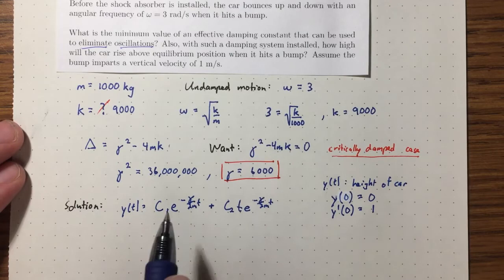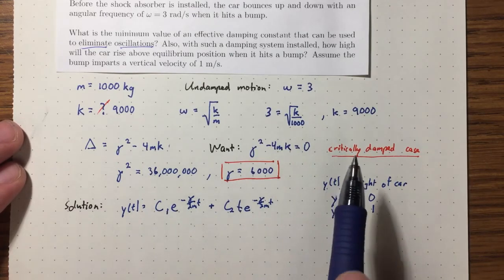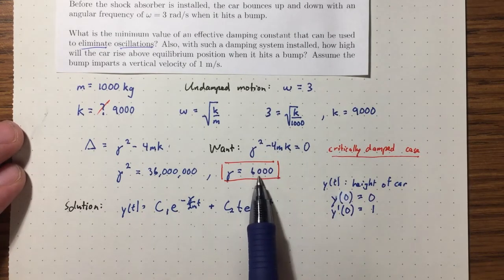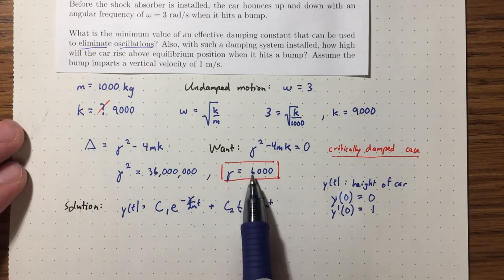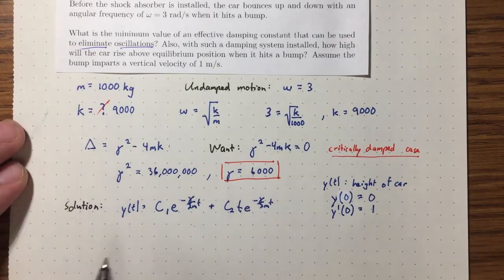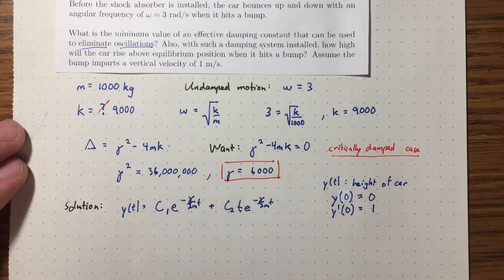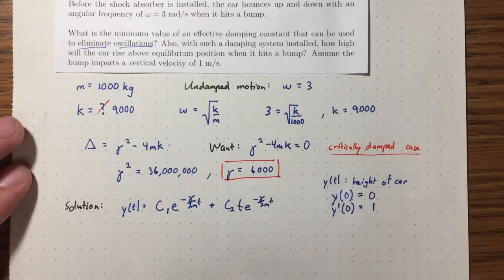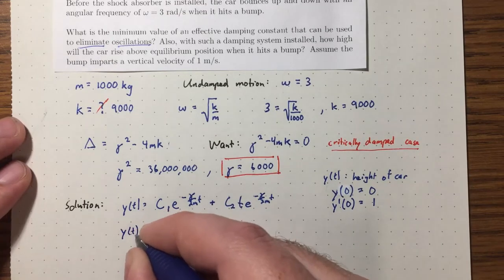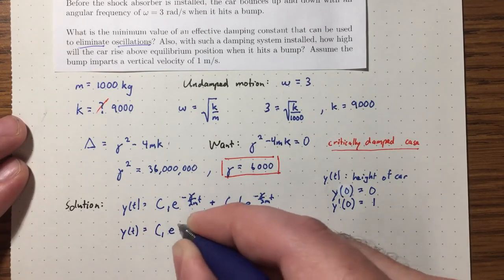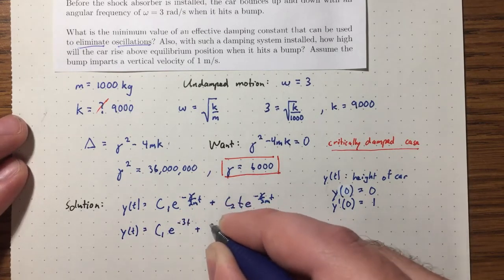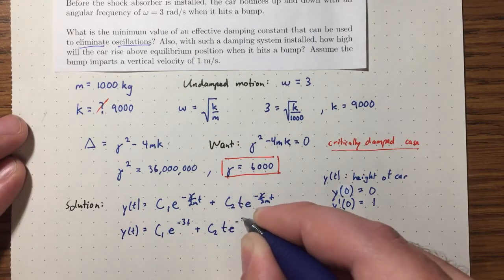Okay, so let's solve this initial value problem. First of all, what is negative gamma over 2m? I think we can just calculate that. Right, so it's negative 6,000 over 2,000. So that's just negative 3. So y of t is actually just c1 e to the negative 3t plus c2 t e to the negative 3t.